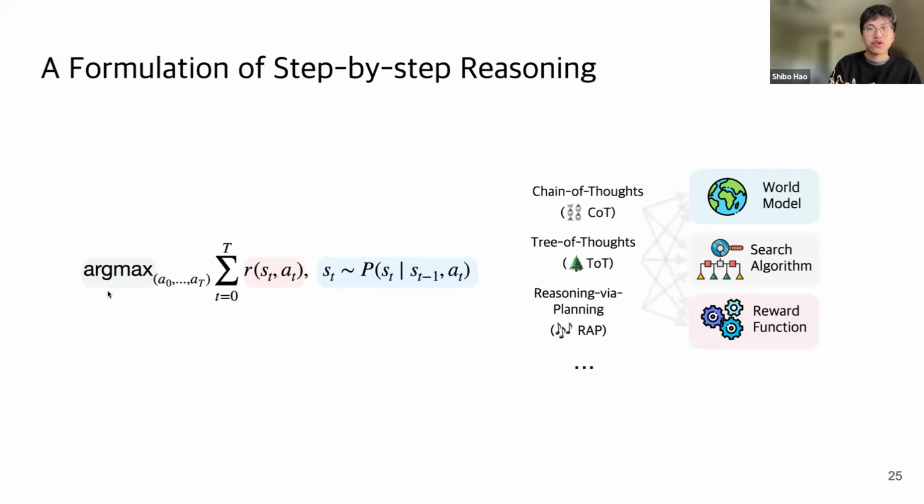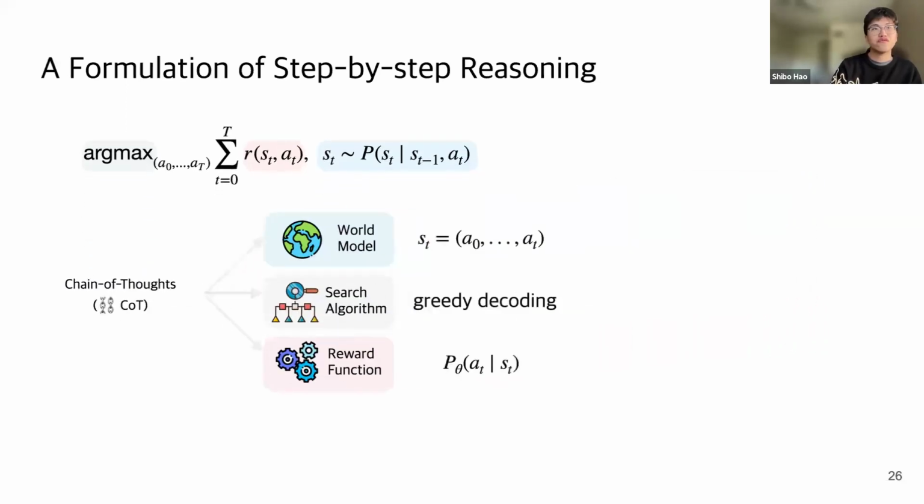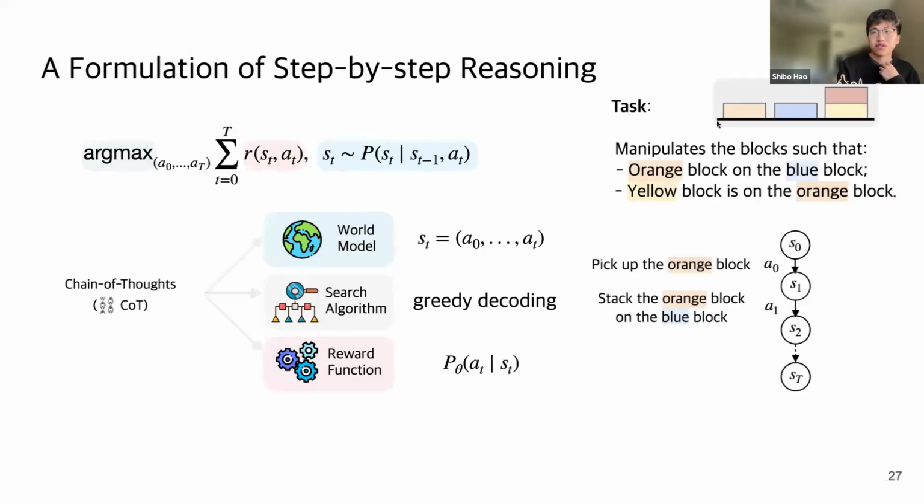So yeah, we'll show how all of these algorithms can be fitted into this single framework. For example, in chain of thought, using the same example here, the action is similar to what we've just seen. It's just the move we'll take.